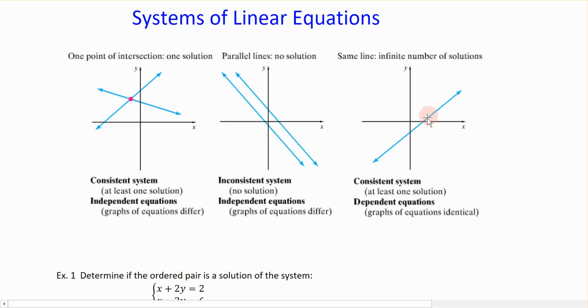In reality, we have a consistent system. In other words, we have at least one solution, but what they really are is the same line, just a different way of representing the equation. So when we think of systems of linear equations, we have one solution, no solution, and infinite solutions.